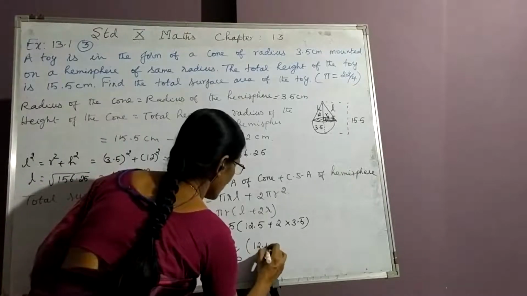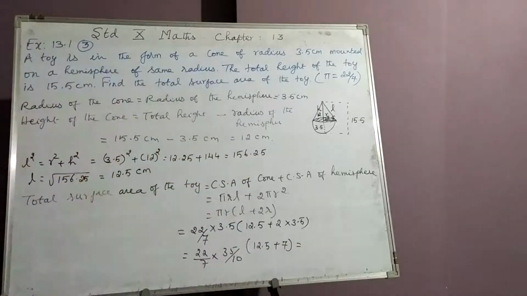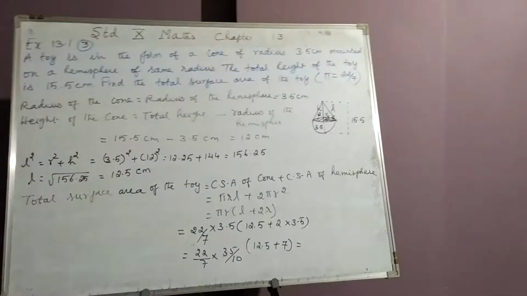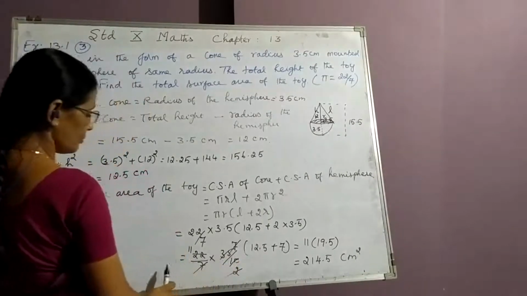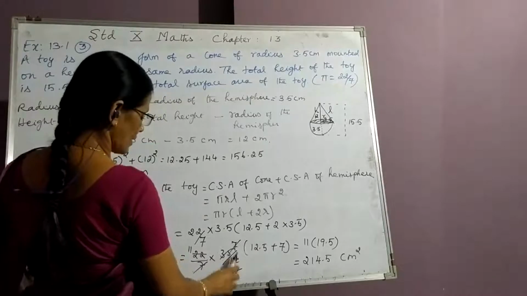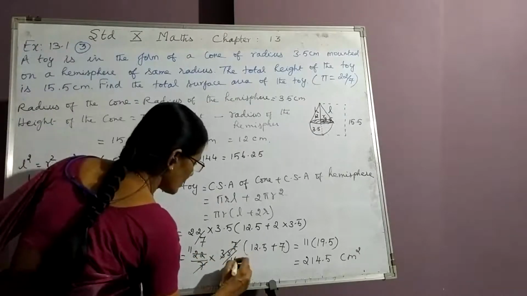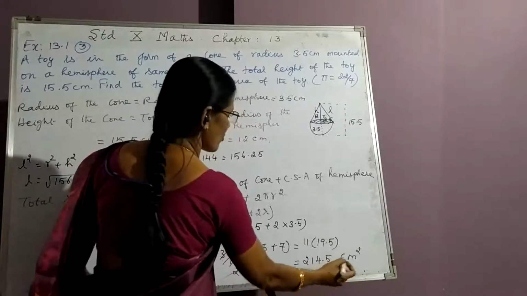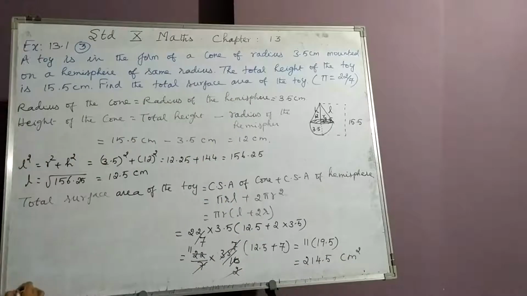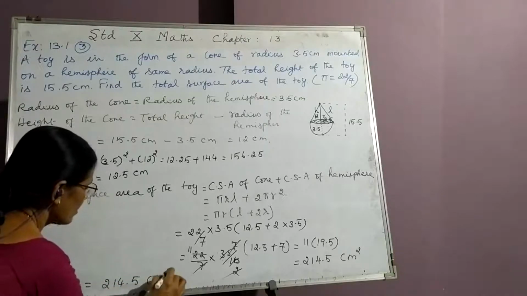Here 12.5 plus 7. So cancelling we get 7 upon 2, 7 gets cancelled, 2 goes in 22 11 times. Multiplying 11 with 19.5 we get 214.5 centimeter square. Therefore total surface area of the toy is 214.5 centimeter square.